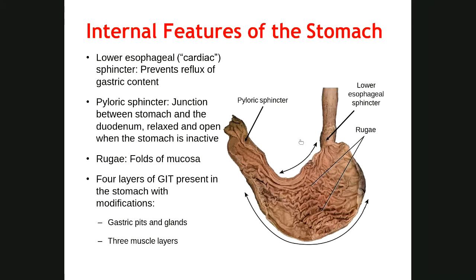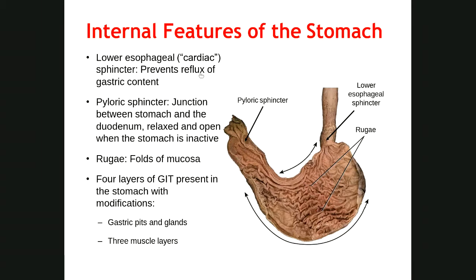Here, another look into the internal structure of the stomach. You can see the folds of the mucosa, which are known as the rugae. These rugae are the special folds of mucosa within the stomach.